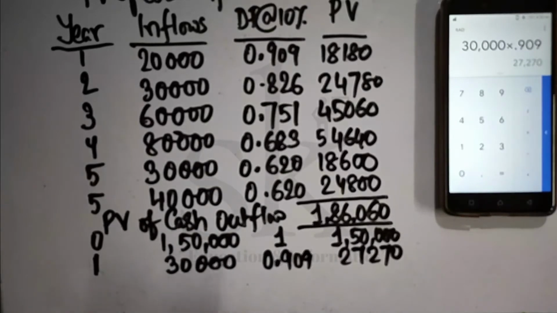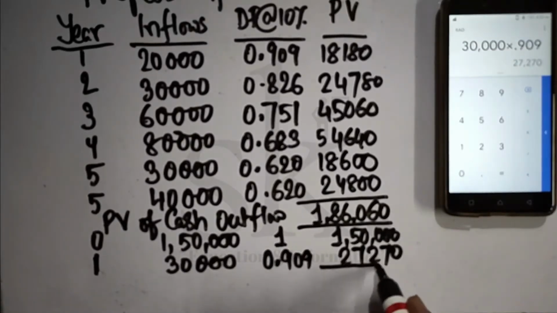The investment happening in the first year, that is 30,000 rupees, is a cash outflow in the first year, so we require to discount that amount to the 0th year. In the 0th year, we have made an investment of 1,50,000, and the value of rupee 1 is rupee 1 itself, so 1,50,000 into 1 is 1,50,000. For the first year, we discount 1 rupee to 0.909, so 30,000 into 0.909 is 27,270.